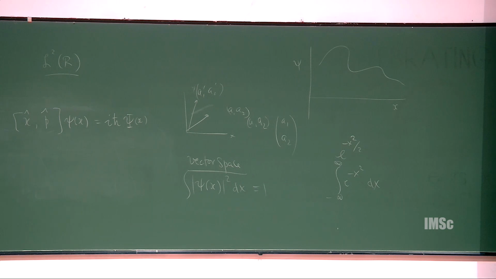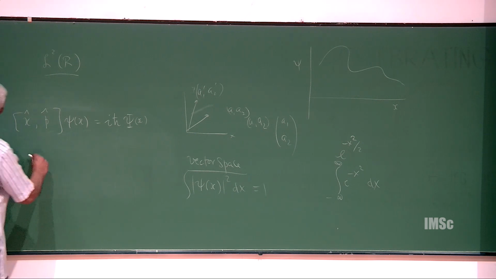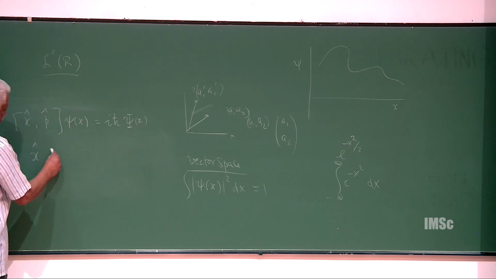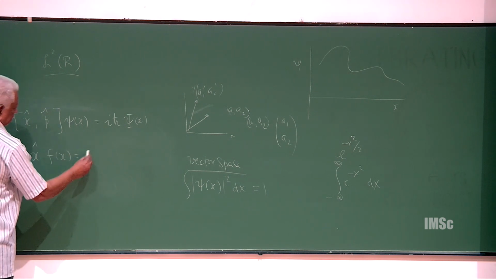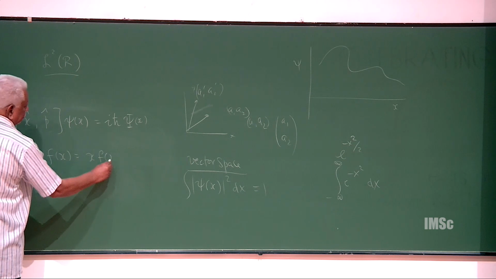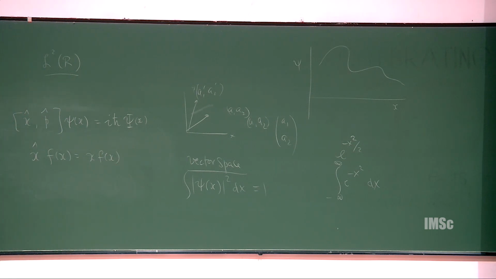So I can have some nice representation for the operators x hat and p hat. One such representation is x hat on any function f of x is equal to x f of x. It simply multiplies it. X hat acting on f of x gives me simply x f of x. X hat is an operator on the left hand side. On the right hand side, it is only a number in that coordinate system.